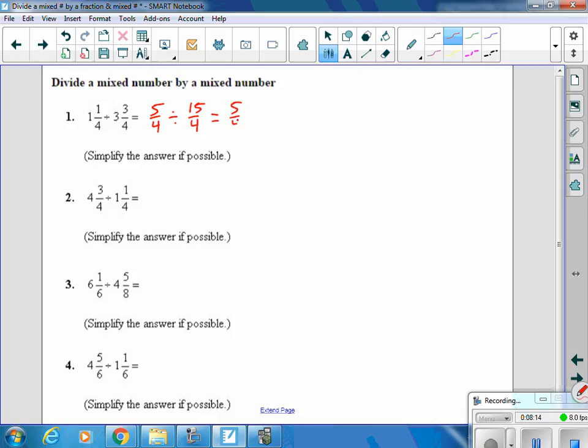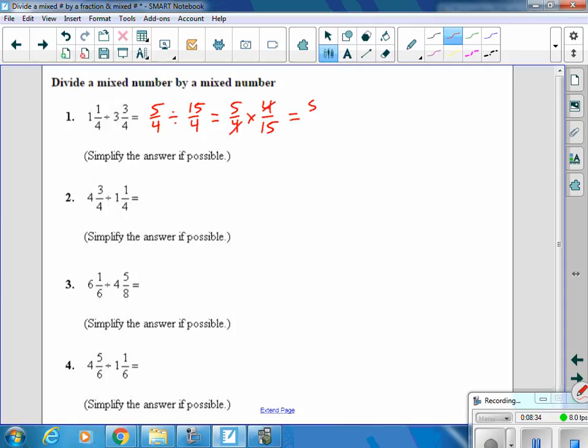Remember, the first one stays the way it is. We change the division to multiplication, and we flip the 15 over 4 to 4 over 15. Now the nice thing about this one is when I have a 4 on the bottom of the one and on the top of the other, they are going to cancel each other out.